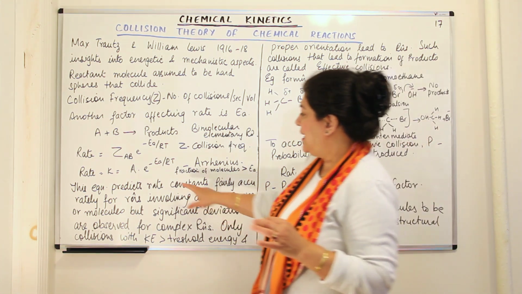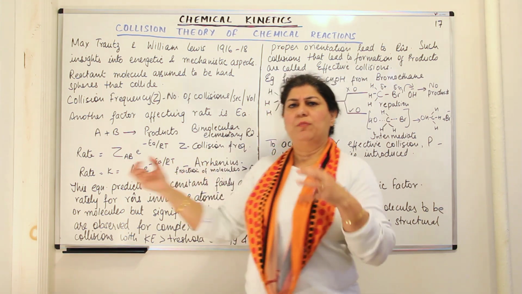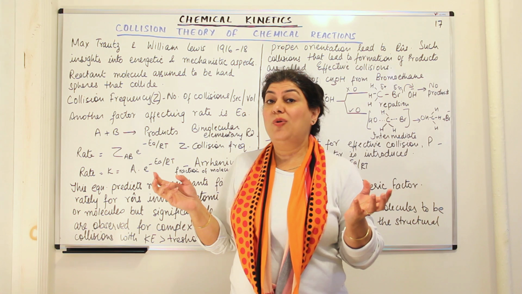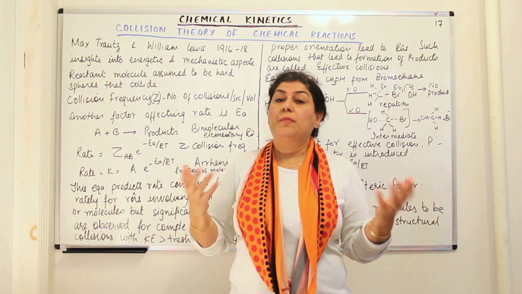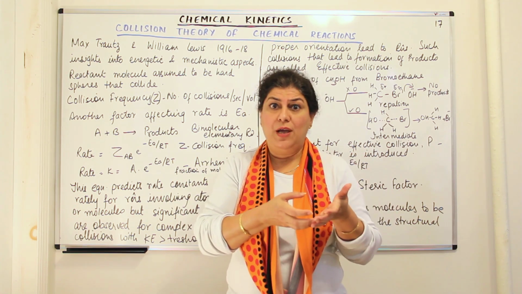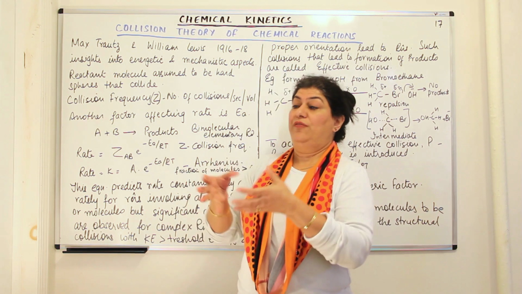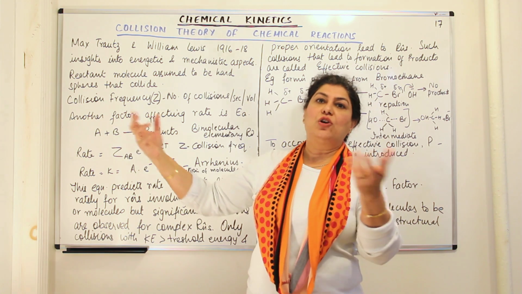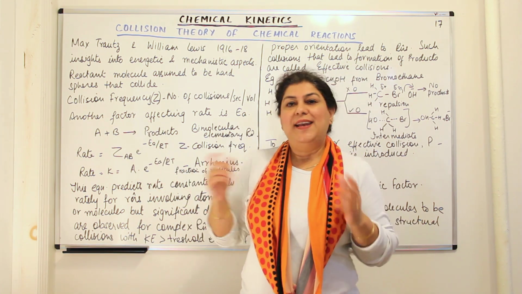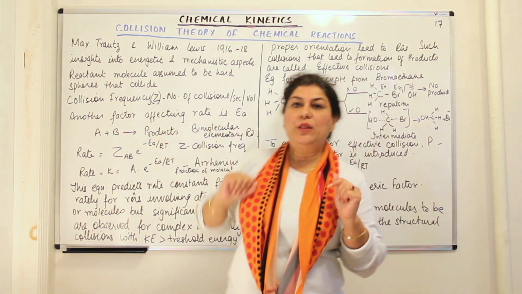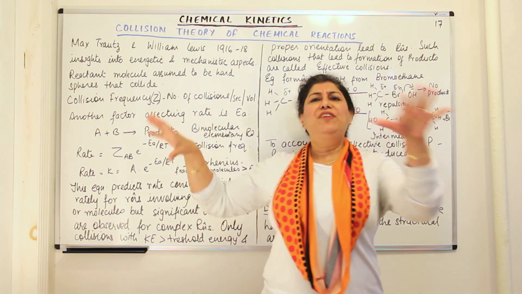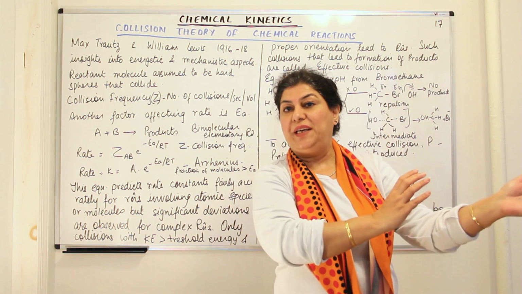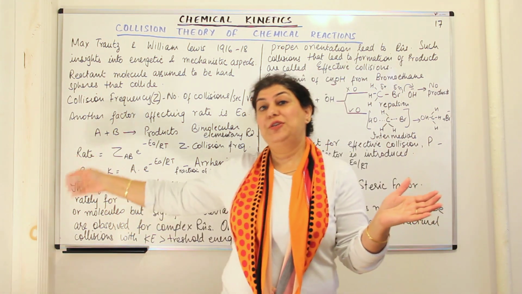That when we say collision frequency, the more the collisions, the more the reaction would take place. But no, in a complex reaction, the number of collisions is far more because there are more reactants, more than two, maybe 3, 4, and of course the collisions are far more. Now, I have to be friends with you, and there are 5 people in the room, and I'm going and talking to the other 3, but I'm not talking to you.